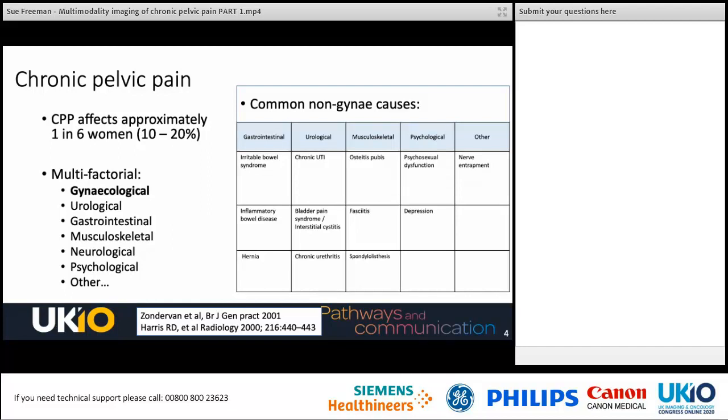So in real life, the pelvis can't be thought of in silos because of this multifactorial nature of chronic pelvic pain. But for the purposes of this lecture, I'm going to limit myself to talking about the gynae causes.